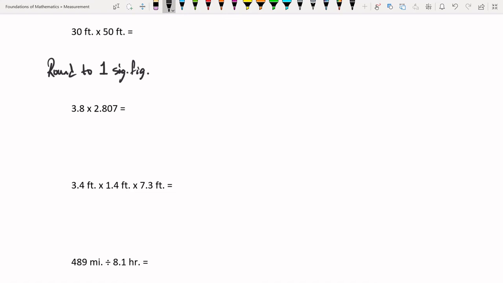Now, as a side note, we also have feet times feet. And feet times feet, this works the same way as our number system, right? If I had 4 times 4, this is the same thing as saying 4 squared. 4 squared, of course, is 16. We can evaluate that. However, with units, we cannot evaluate it. We can, however, say it's feet squared, which is the same thing as square foot, and that's an area measurement.